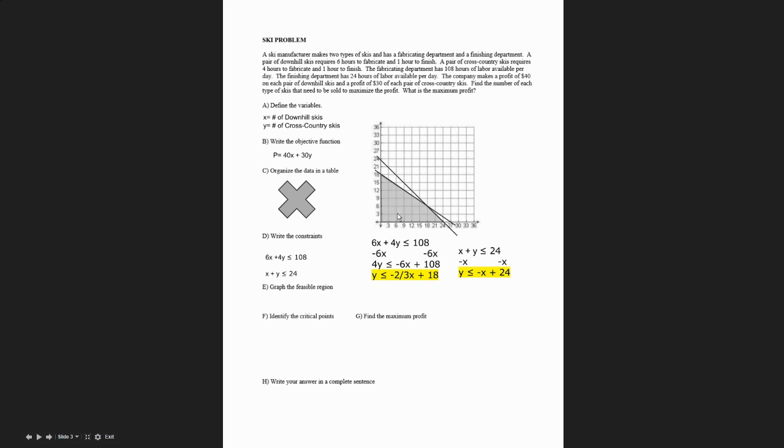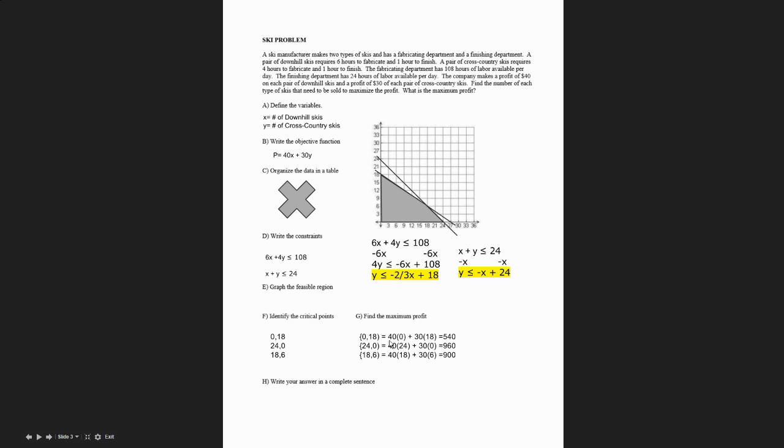So this will be your feasible region, and your critical points will be all the corners of this feasible region, again excluding 0, 0, because you're not going to be making any profit off of selling nothing. So your critical points will be (0, 18), (24, 0), and (18, 6).